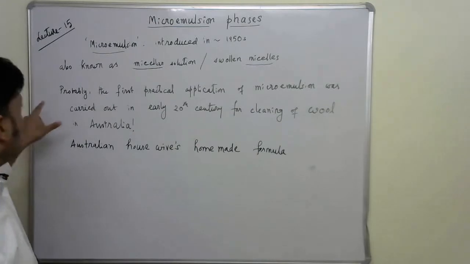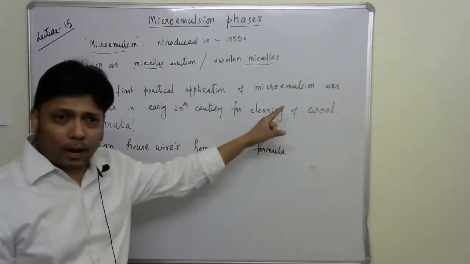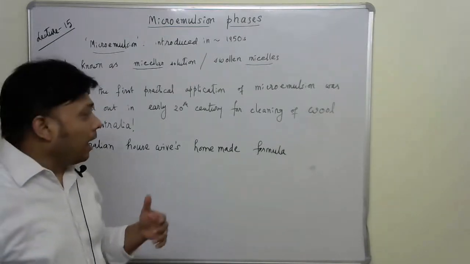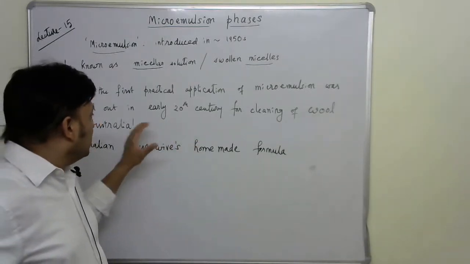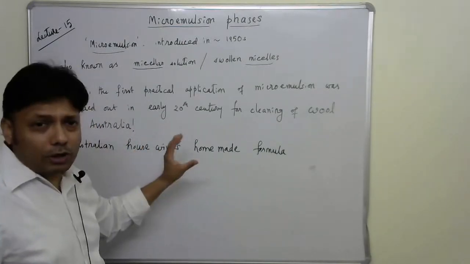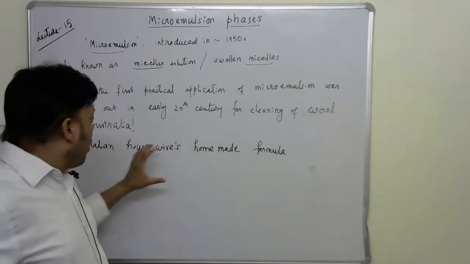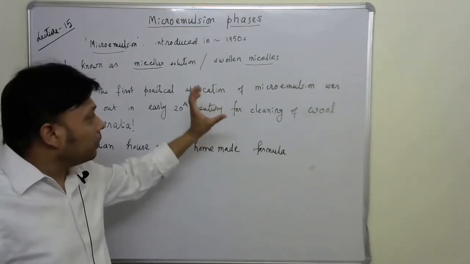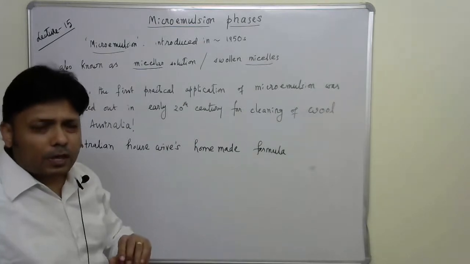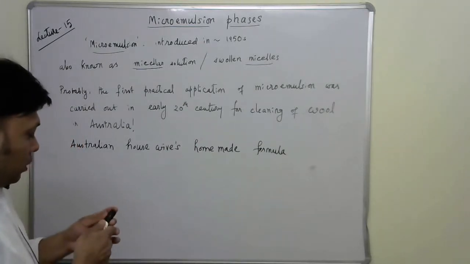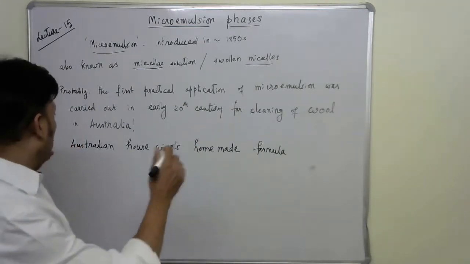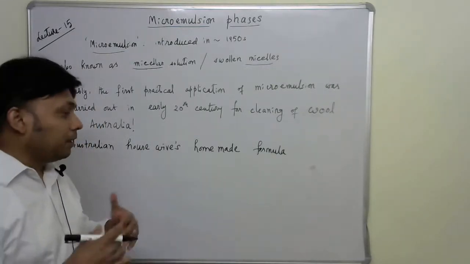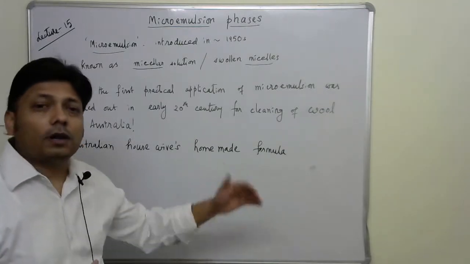Probably the first practical application of microemulsion was in the early 20th century, when somewhere in Australia a group of people used to clean wool with the help of microemulsion formation. These were actually Australian housewives, and they developed a homemade recipe for cleaning wool.